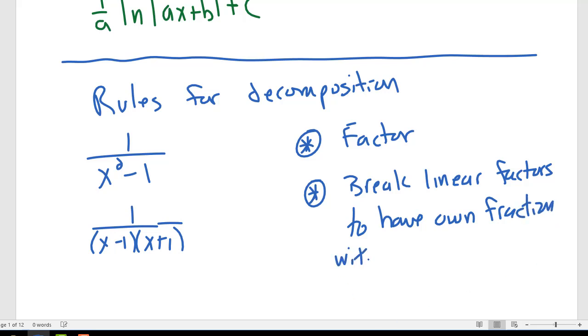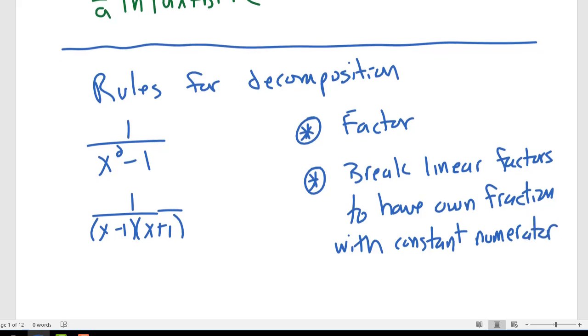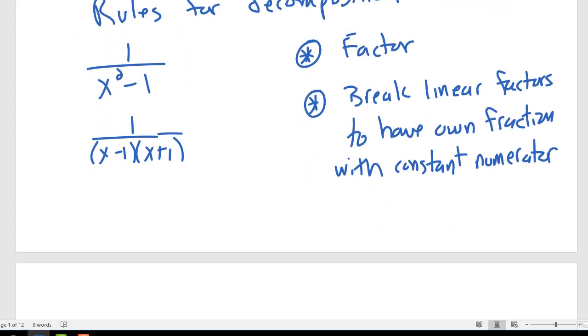And anytime it's linear, we get a constant numerator. So again, the illustration of our example from the first problem that we just did, we're going to write this as a constant over x minus 1, and a constant over x plus 1. So that would be the proper decomposed form for when I have linear factors in the denominator.